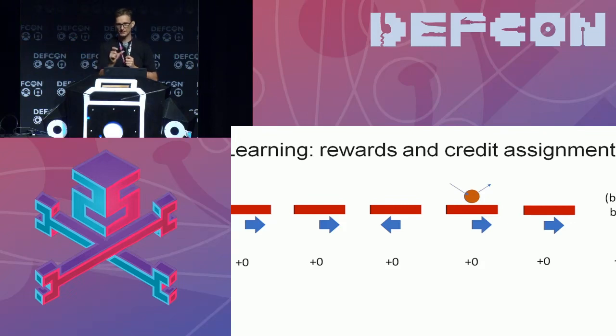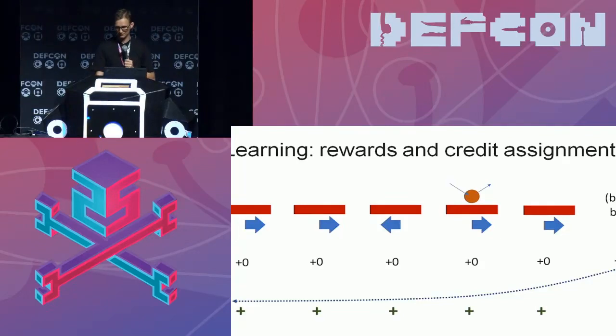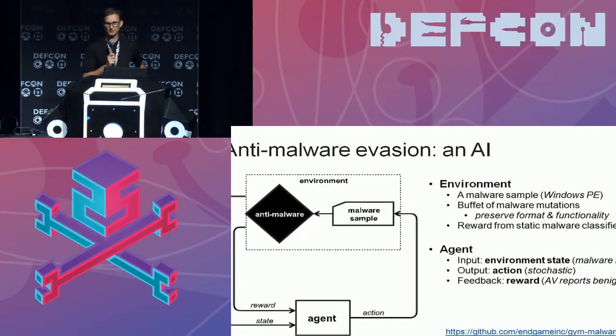Now, in isolation, none of these moves were actually useful and resulted in a reward. But because I got this eventual reward for all of my moves, I'm going to distribute it and reward that sequence of actions as having provided some kind of useful benefit. And this very same concept we're going to use to break Next-Gen AV.